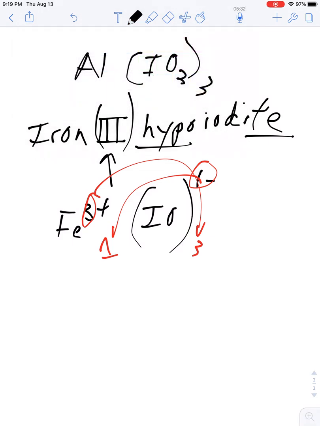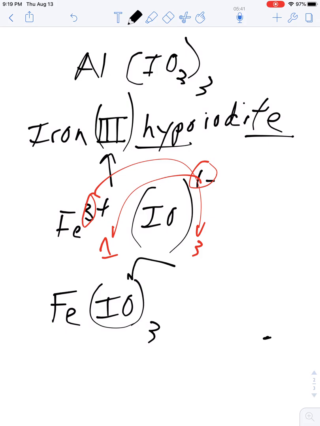So then our formula becomes, okay, now this is where it's tricky. Remember, you're always going off the number inside the parentheses. So how many oxygens are inside the parentheses? Just 1. That's why it's hypoite. You don't look at the number outside of the parentheses.